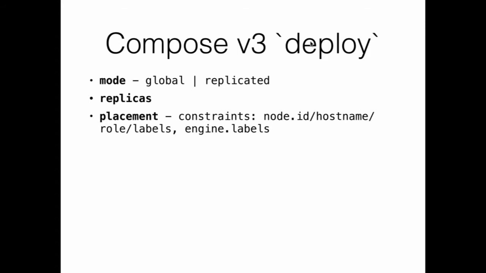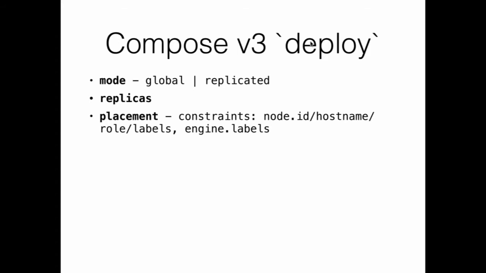Okay. The placement constraint, where you can define where your service is going to be placed. You can specify node ID, which is the Docker host node ID, or host name, or host role. For example, it can be a manager or worker, or label. If you run your Docker with labels, you can use these labels, for example, to select the most suitable nodes to run this kind of service.